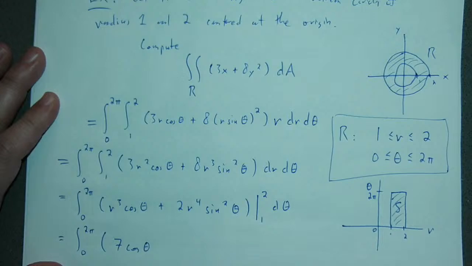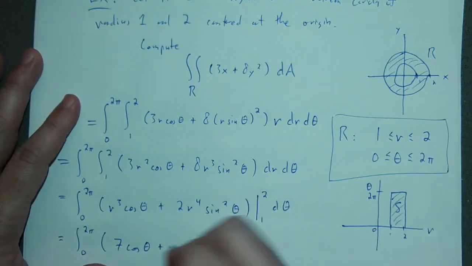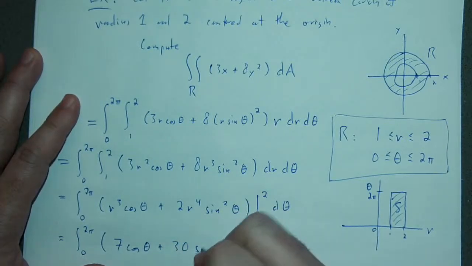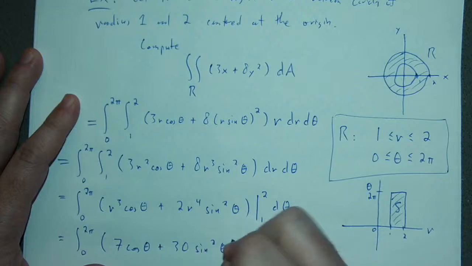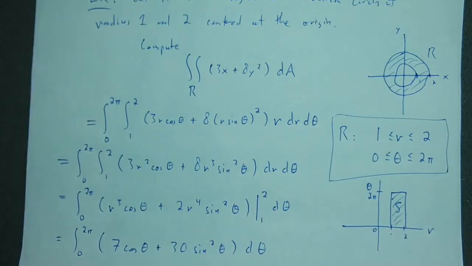I have 2 r to the fourth here, so that's 2 times, 2 to the fourth is 16, minus 1 to the fourth is 15, so that's 2 times 15, or 30. Right, so this is plus 30 sine squared theta d theta. And now I'm ready to do my integral with respect to theta.